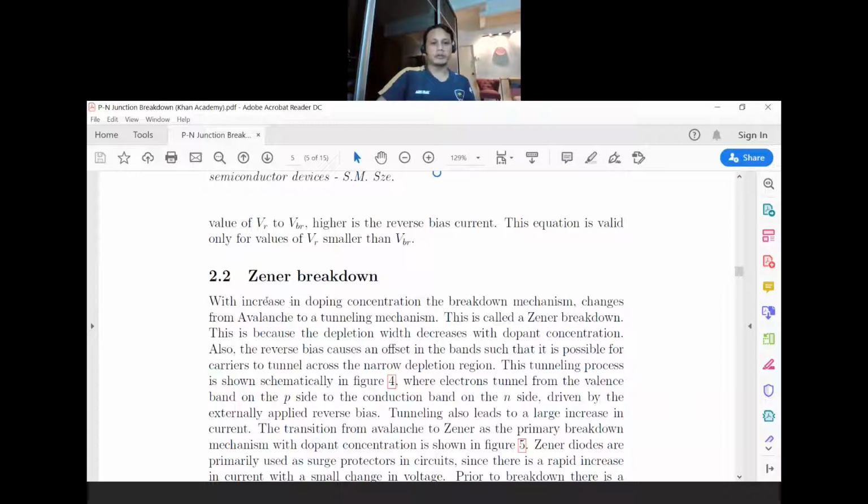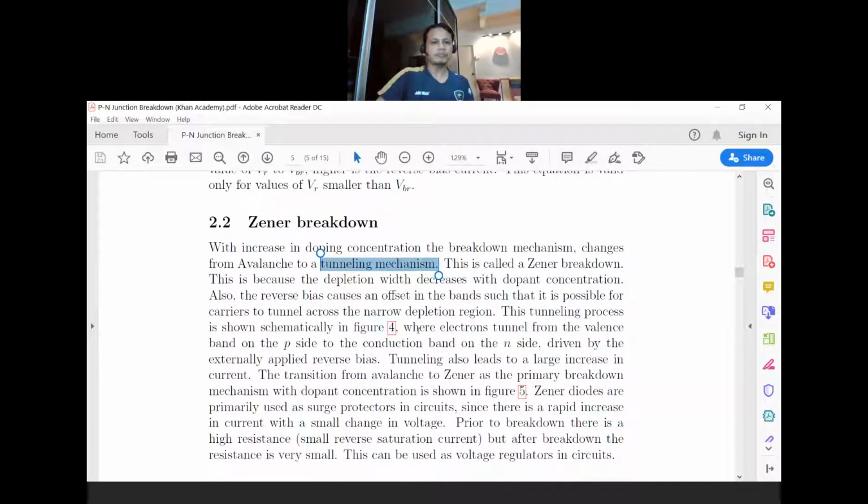With increase of doping concentration, the breakdown mechanism changes from avalanche to Zener mechanism, or Zener breakdown. What actually happens is that in this breakdown, we're going to have a tunneling mechanism across the junction. I'll show you a little bit later. Why is it so?